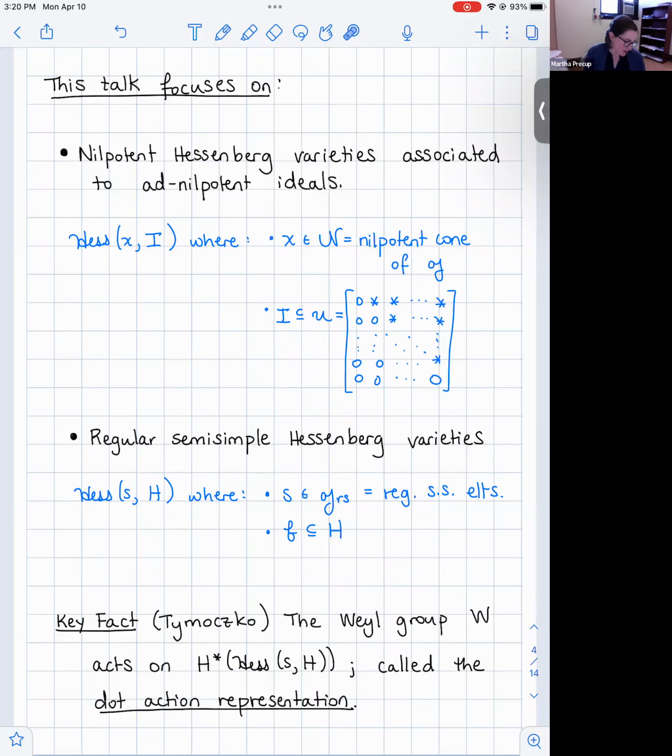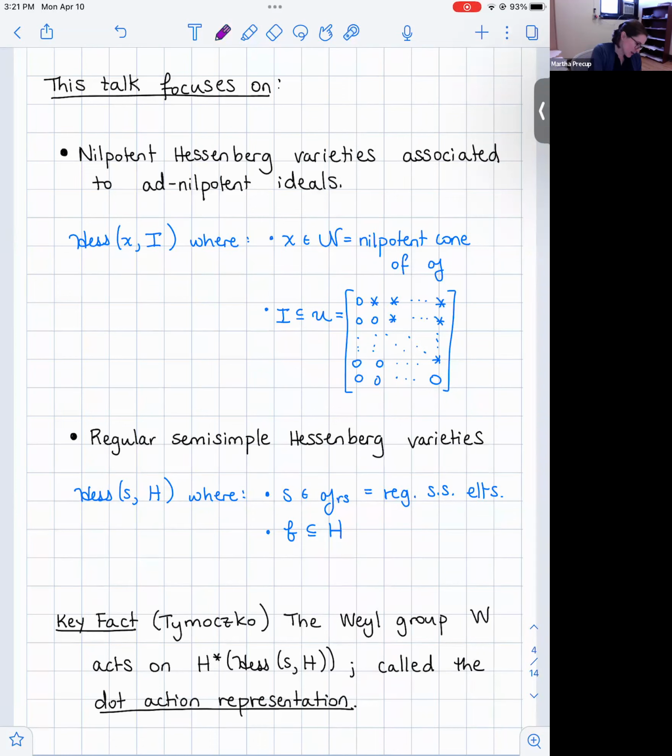In this setting, I must assume that the Hessenberg space I'm taking contains the Borel subalgebra. Otherwise, you can convince yourself pretty quickly that this Hessenberg variety would be empty, because as soon as I choose a regular semisimple element, I know I can conjugate it to a particularly nice form, and that form is only going to be an element of a Hessenberg space if it contains the Borel.